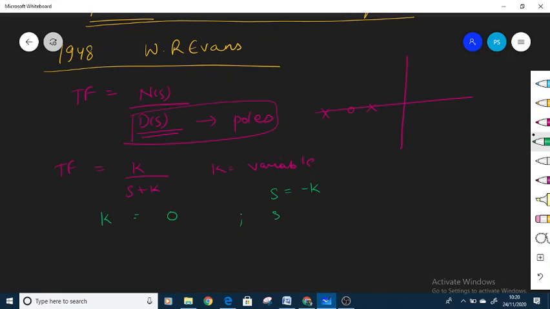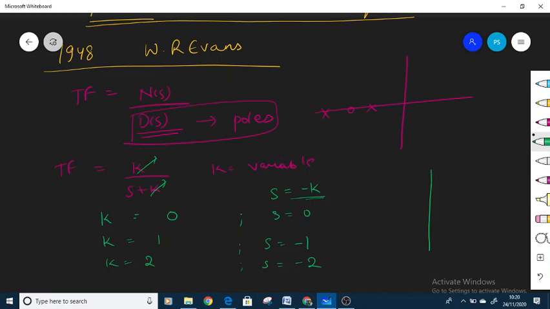So the pole's location will be at s is equal to 0. Now if I vary this k and make its value equal to 1, then the pole's location will be s is equal to minus k, or the pole will shift to s equal to minus 1. Similarly, I again vary the value of k to 2, the pole's location will again change to minus 2.